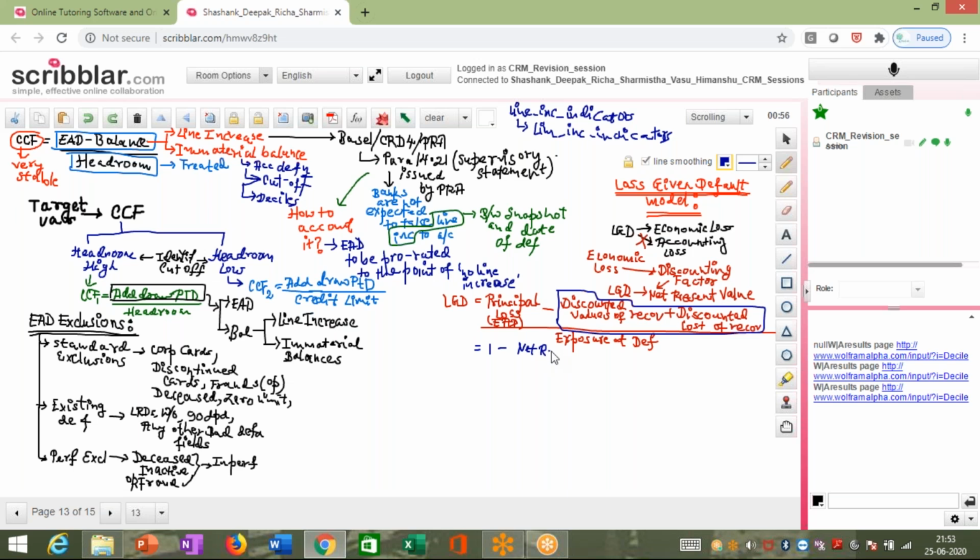Given that this net recovery by EAD is calculated here, this is called the recovery rate.